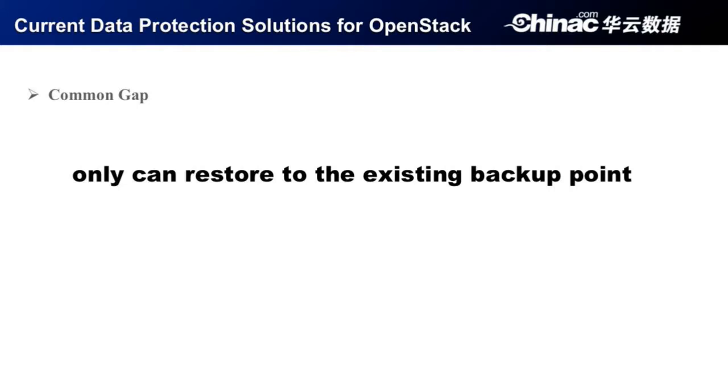If we choose the latest backup point, now a new question comes. Because data since the latest backup point will be lost, what if these data are very important to customers? What if they want to restore to a point just before the disaster happens, such as the previous second?